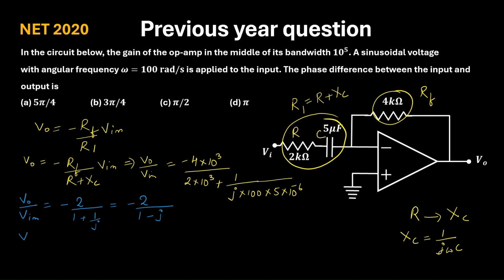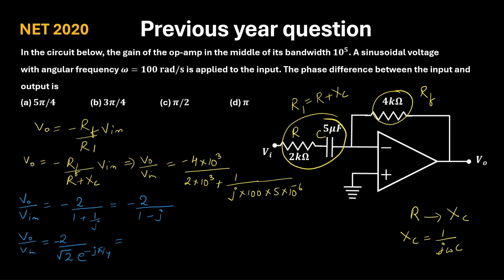So, V naught by V in is equal to 2 into 1 minus J, we can express in polar form. So, it will be e to the power minus J pi by 4. So, one more minus is here.